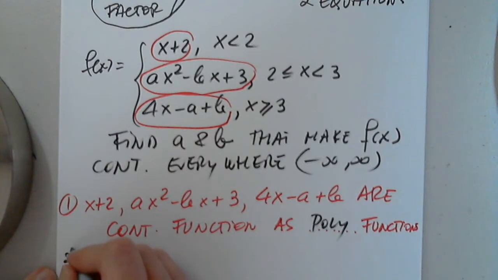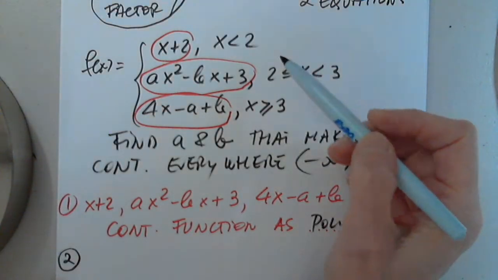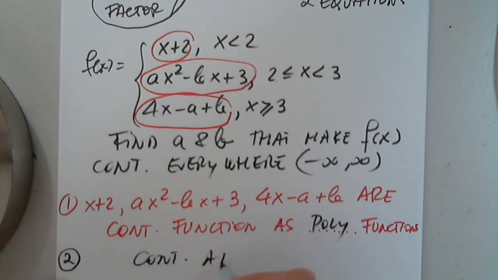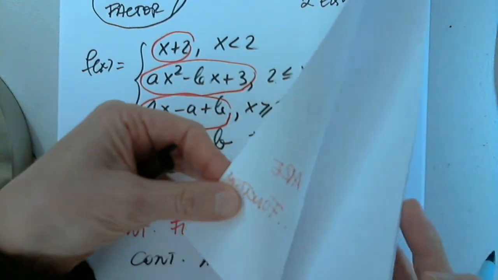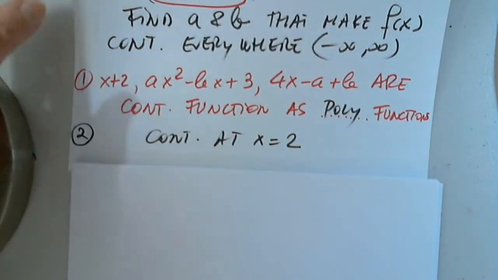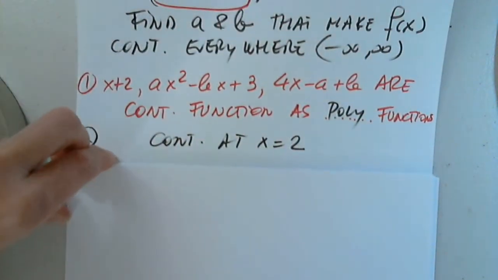Now in step number 2, I have to discuss what happens at 2. So continuity at x equals 2. For this function to be continuous at 2, what has to happen? And that is the very important definition from last time.